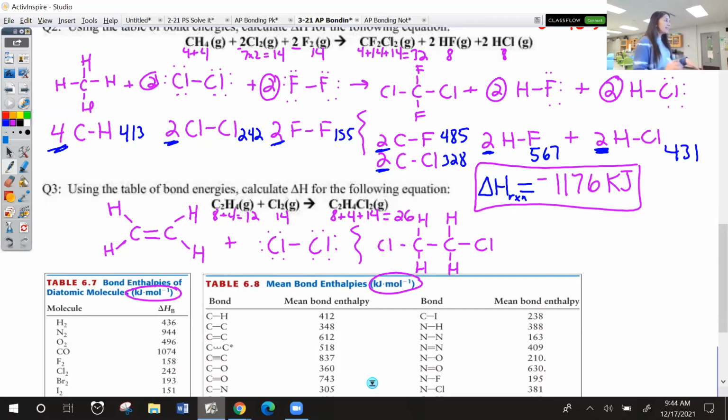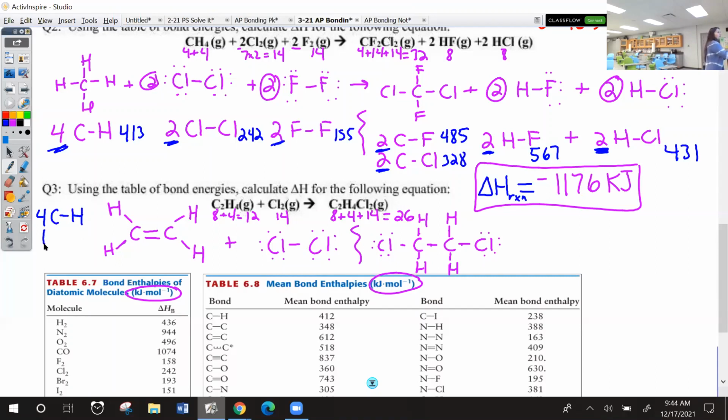Now let's do our dots. So I've got 26. So 2, 4, 6, 8, 10, 12, 14. Hydrogens are fine. 16, 18, 20, 22, 24, 26. We're good. All single bonded. Okay. And then again, we're going to go through and total all of this. So I have 1, 2, 3, 4 CH bonds that I see.